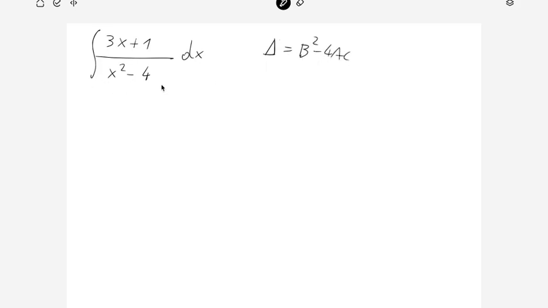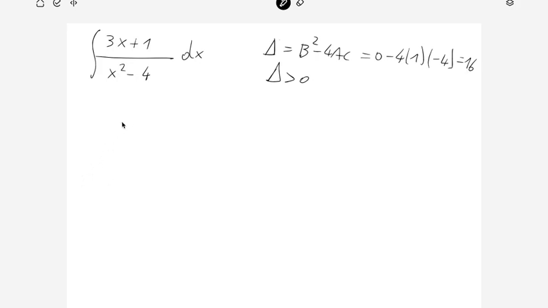In this case, x squared minus 4, we have that b is 0, a is 1, and c is minus 4. So we have 16. The delta is 16 here, so the delta is positive.